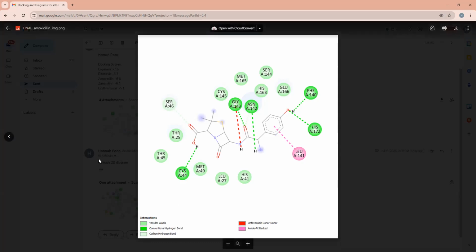If you remember, lopinavir has a very strong bond. So this is histidine 145, and we also have histidine 41. If you remember, lopinavir has a very strong purple pi sigma bond with histidine 41.